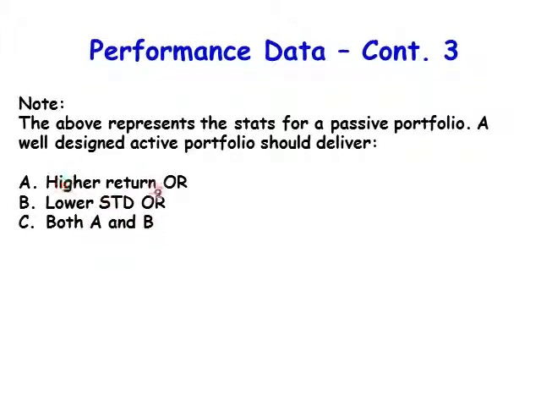So it should return high returns at the same or lower standard deviation, or lower standard deviation for the same or higher return, or both. This is what we're trying to do. A well-designed active portfolio should deliver high returns and lower standard deviation. At least it tries to deliver that.